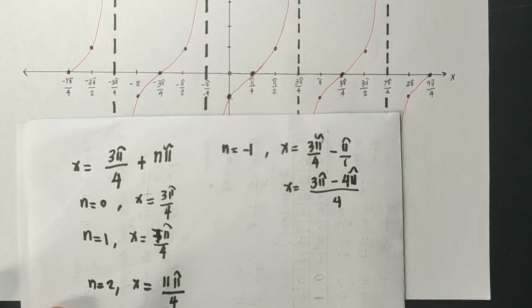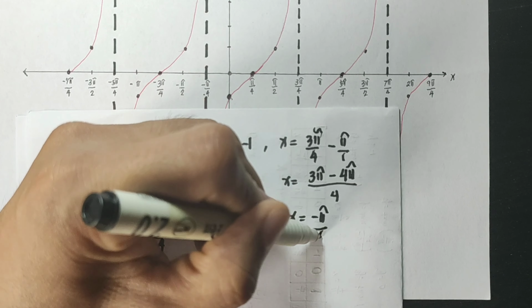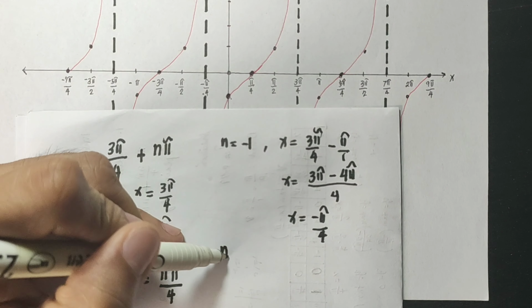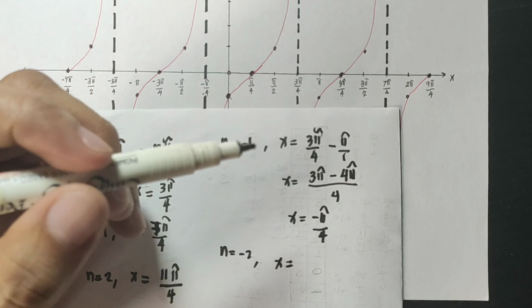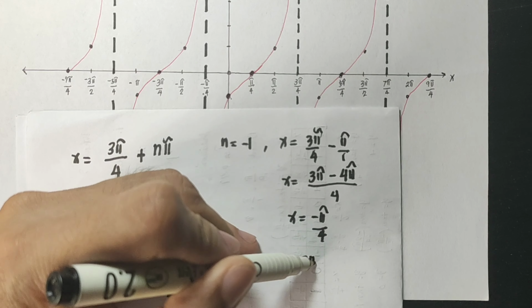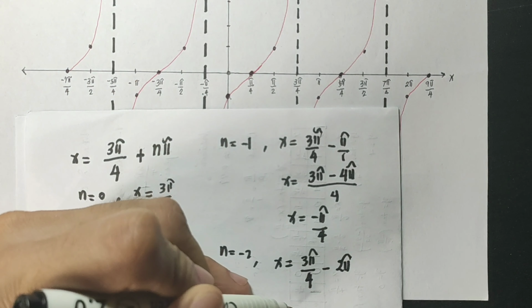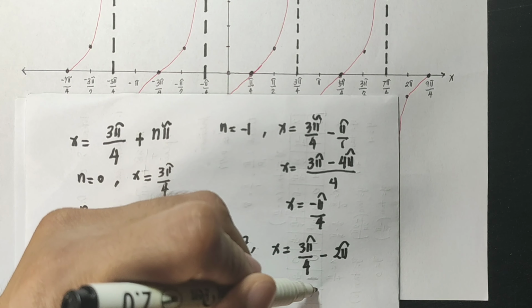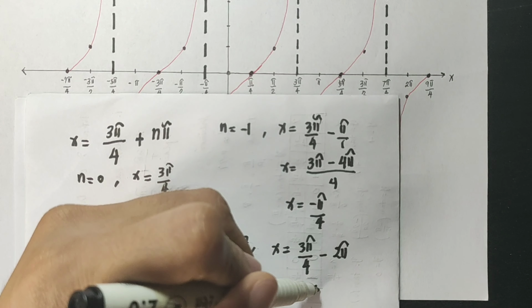So the other asymptote is x equals negative pi over 4. It's in there. When n is negative 2, x is equal to 3 pi over 4 minus 2 pi. Simplifying, that will become x equals negative 5 pi over 4.